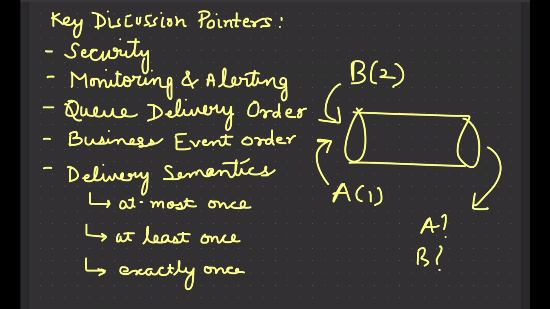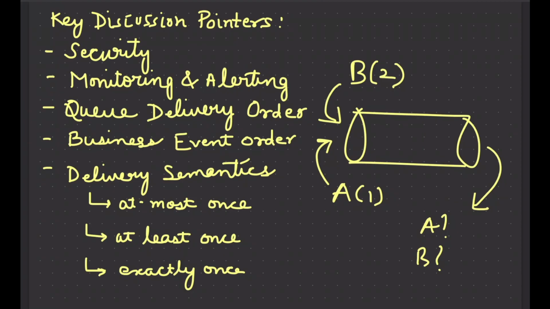But this kind of queue delivery order, to be very honest, is not something which is really required in the first place. If you want to implement something like that, it's going to be very inefficient to guarantee this kind of delivery order, because then you have to serialize things, and then you won't be able to take care of the asynchronous pattern and the other things, because there are some downsides, or some issues with distributed systems.